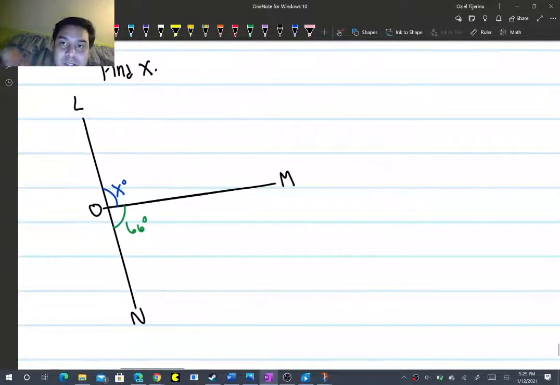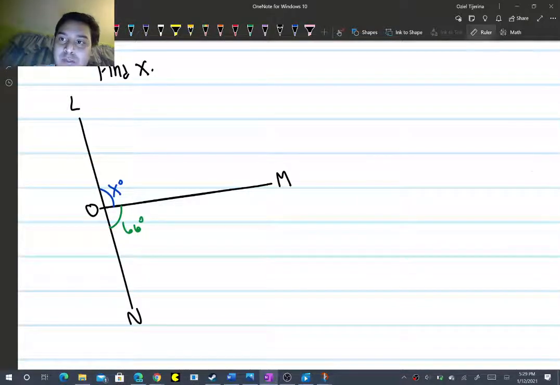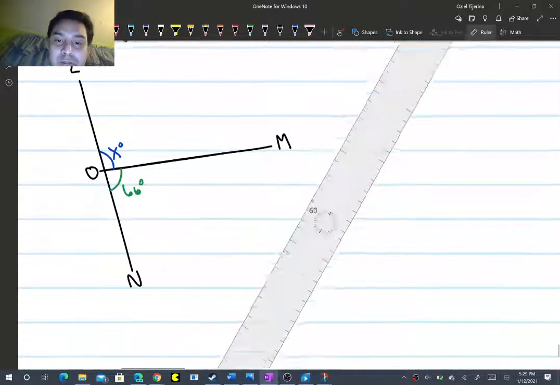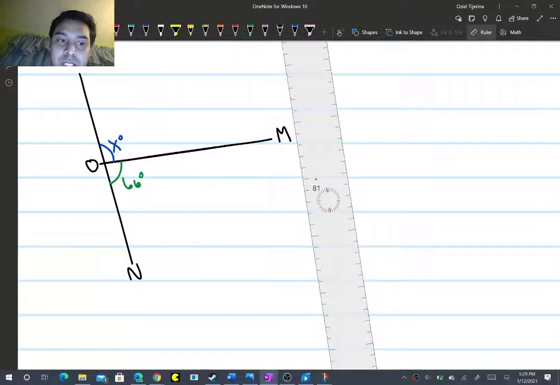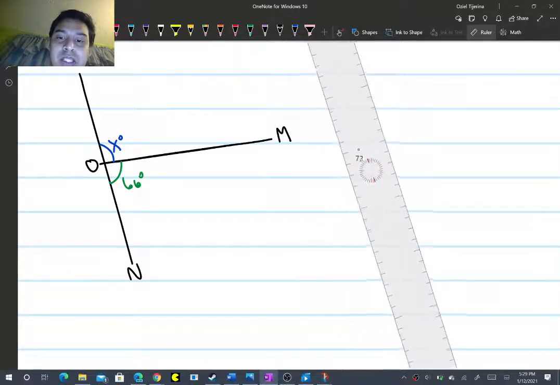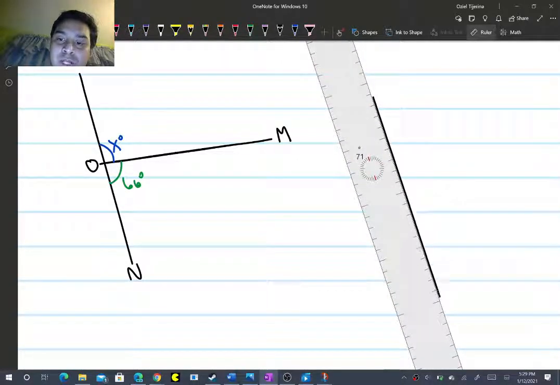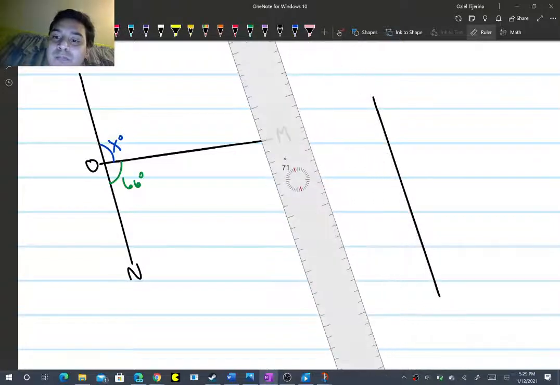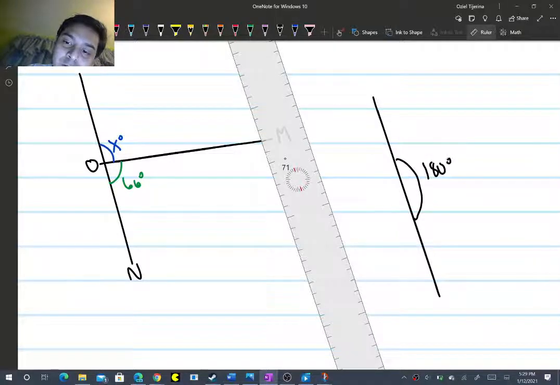The one thing that I really want you guys to remember is that when you see a line like that, any line, it does not matter what degrees, this whole side is 180. Always, always, always.